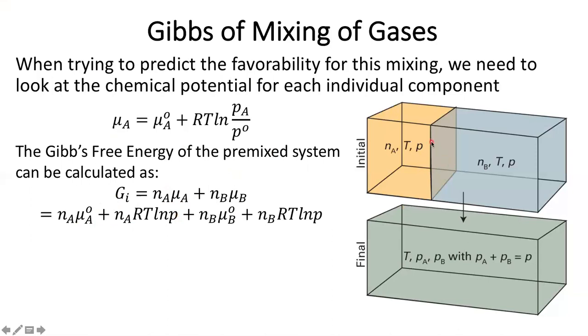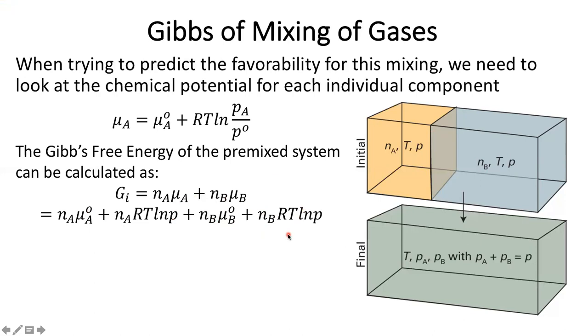And again, our initial pressure is just going to be the same as the total pressure of the system. And under these initial conditions, both A and B will have that same pressure. Again, the only noticeable difference is going to be a change in the reference chemical potentials and the amount of each individual species.